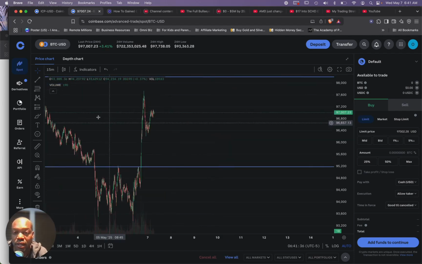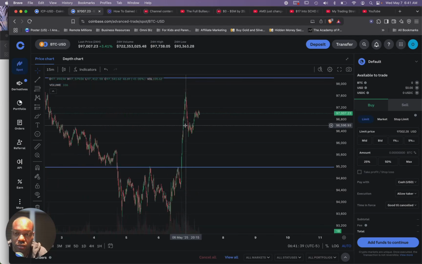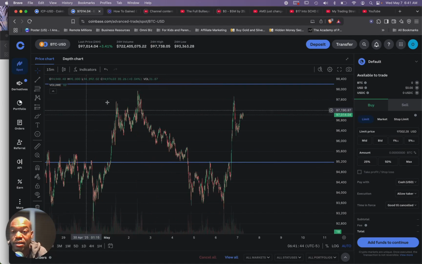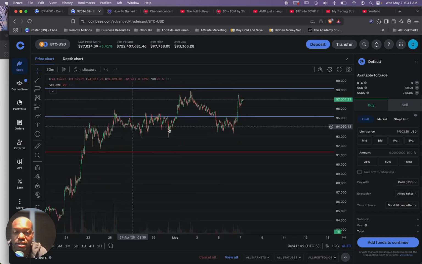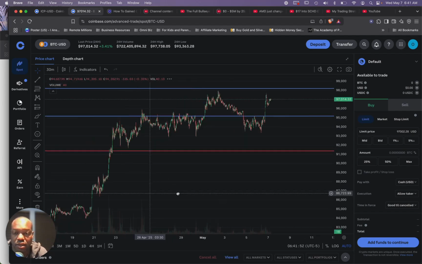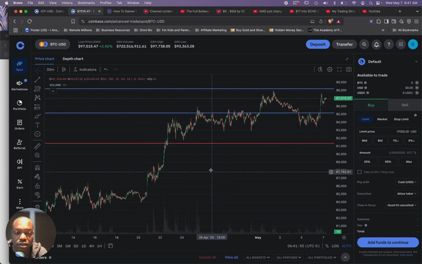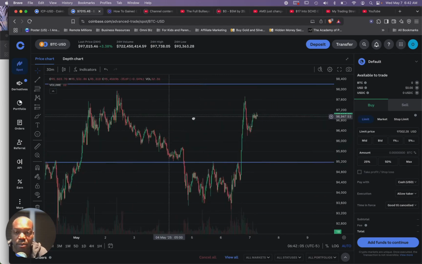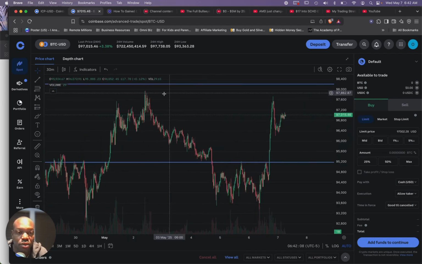Because of how I can see the chart now, I can adjust my resistance and support lines depending on how things are looking. I'm not going to move this one right here, but I might move this top one because I want this resistance line to be as close to where the tops are.